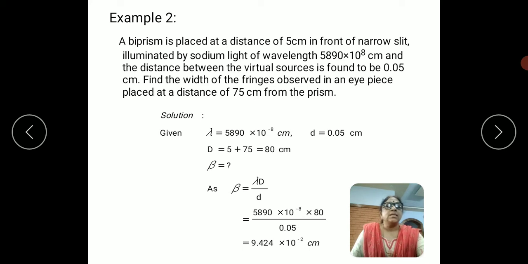So capital D is equal to 5 plus 75, that is 80 centimeter. Now beta is equal to lambda D divided by d. After substituting all the given values, we get beta is equal to 9.424 into 10 to the power minus 2 centimeter.